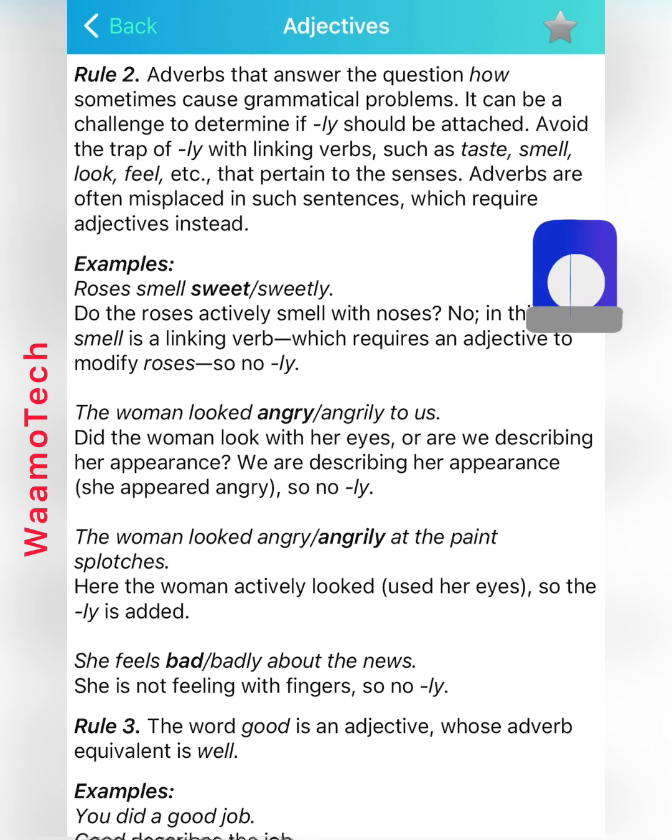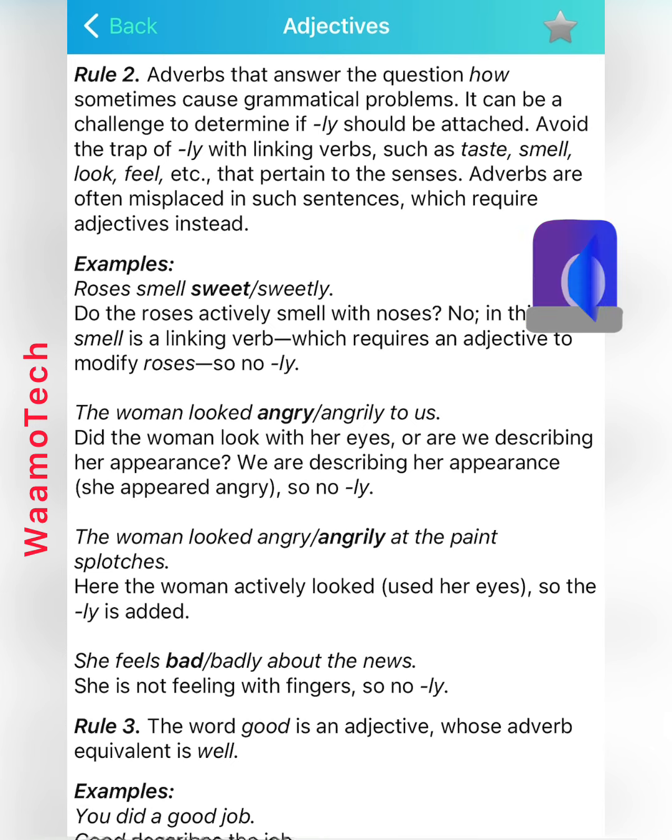Next example, the woman looked angry or angrily to us. Did the woman look with her eyes? No, she's not looking with her eyes. It is how we are looking at her.